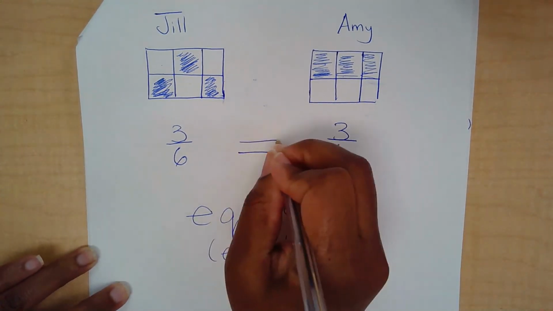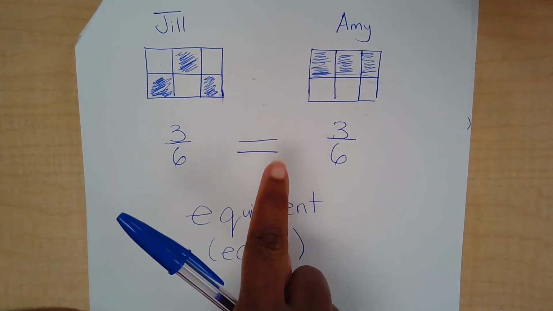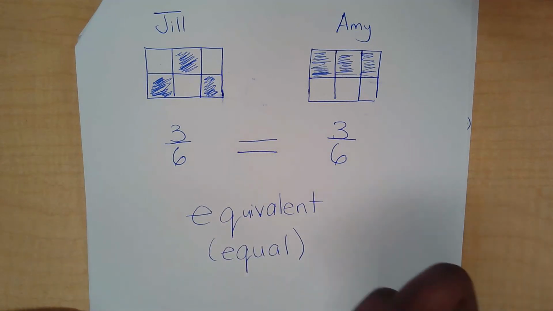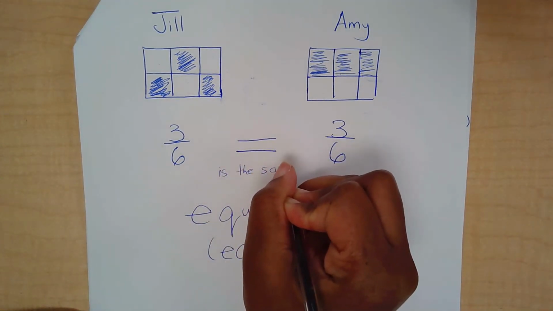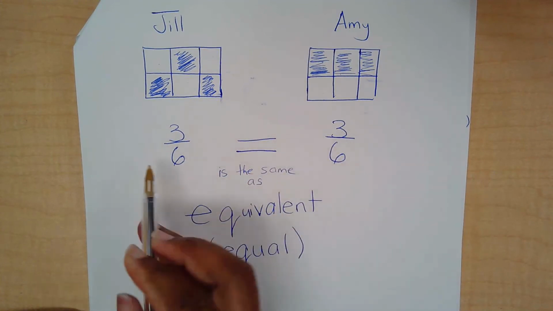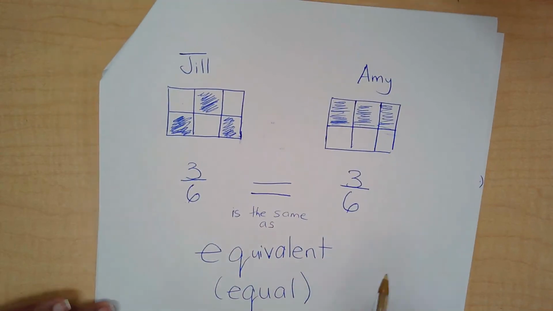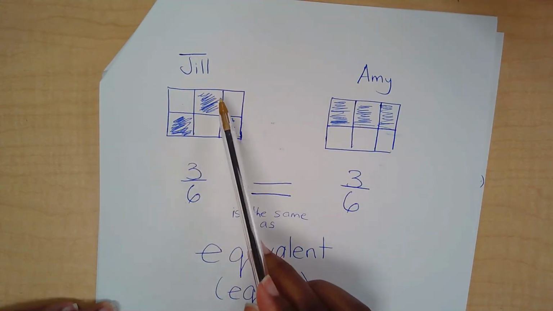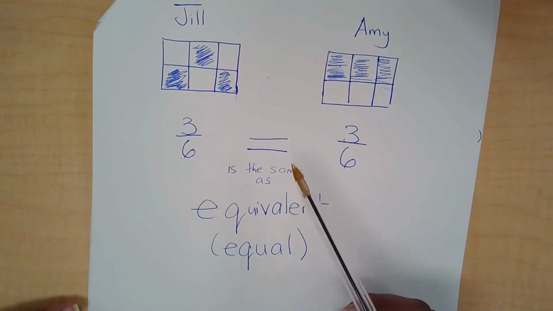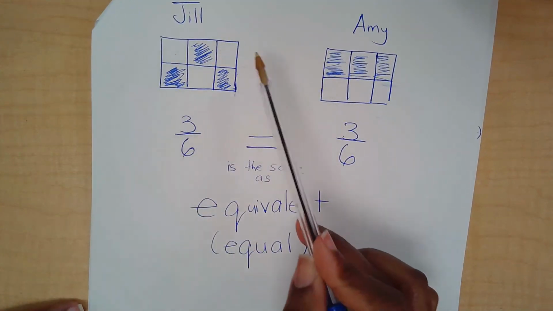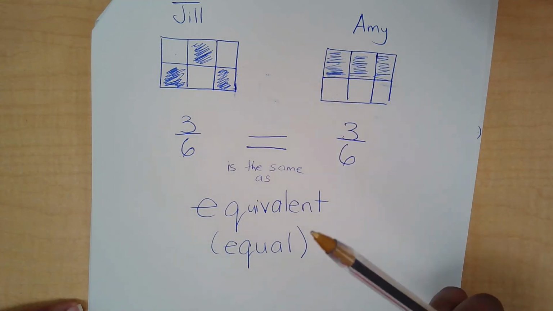And this is the sign that would go there. 3/6 is equal to 3/6, or you could say is the same as. Now, do you realize that this 3/6 looks a little bit different than this? But that doesn't mean they're not the same. It's still 3 out of 6 that were shaded here, and 3 out of 6 that were shaded here.